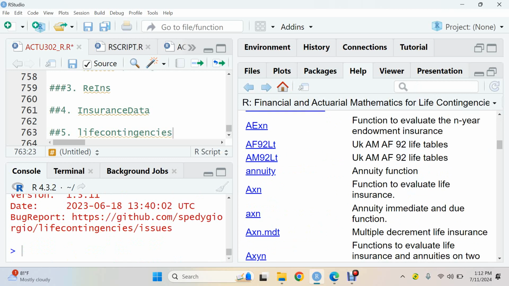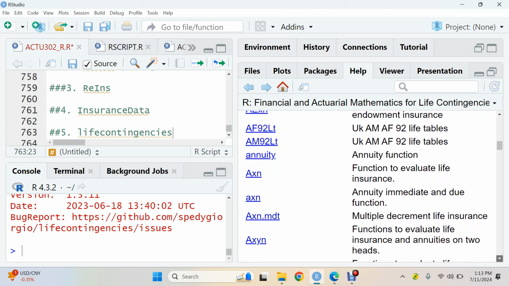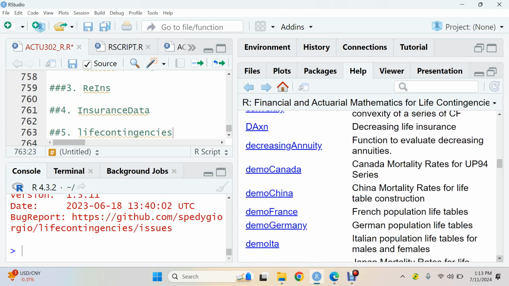So here, you can do all your life contingencies: life insurance, annuity, immediate, due functions, and so forth. All those things you do in life contingencies. Actually, you can have life tables as well from different parts of the world, the Italian one, the US one.